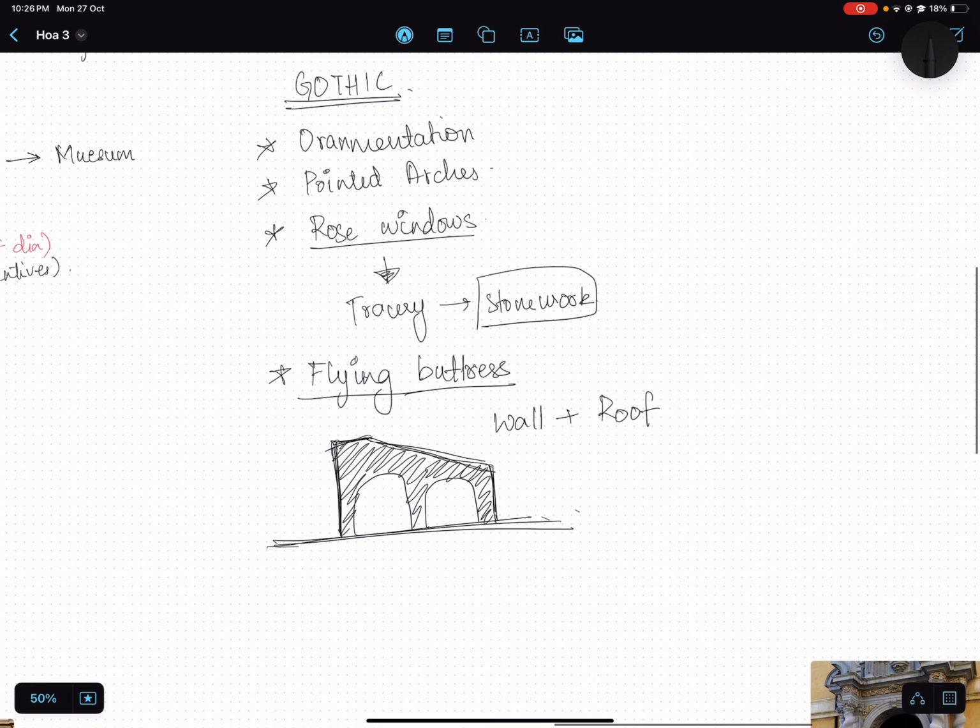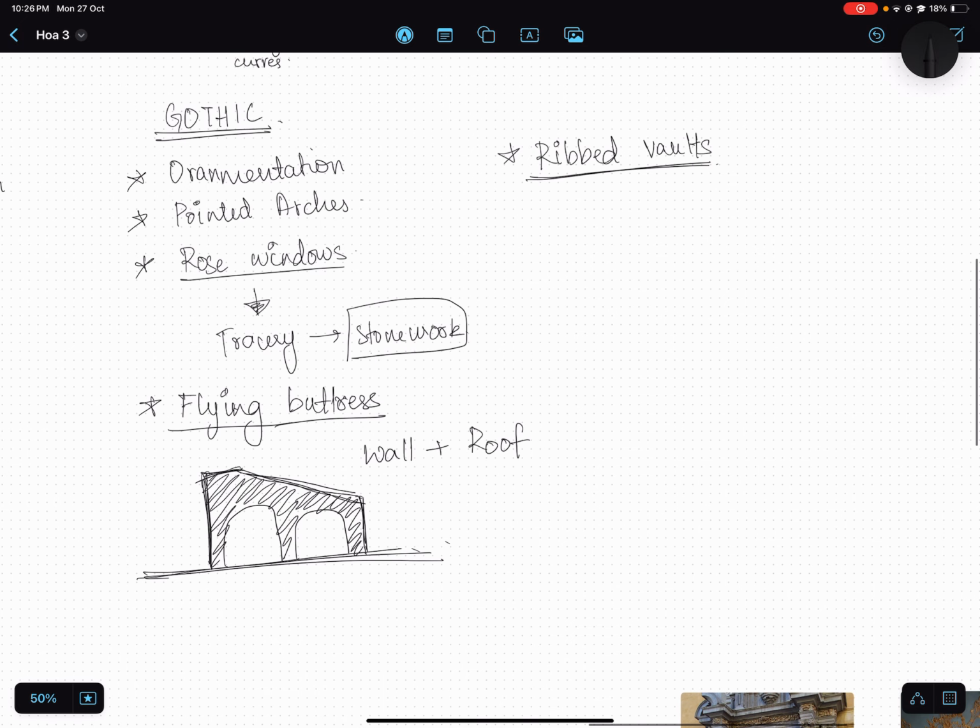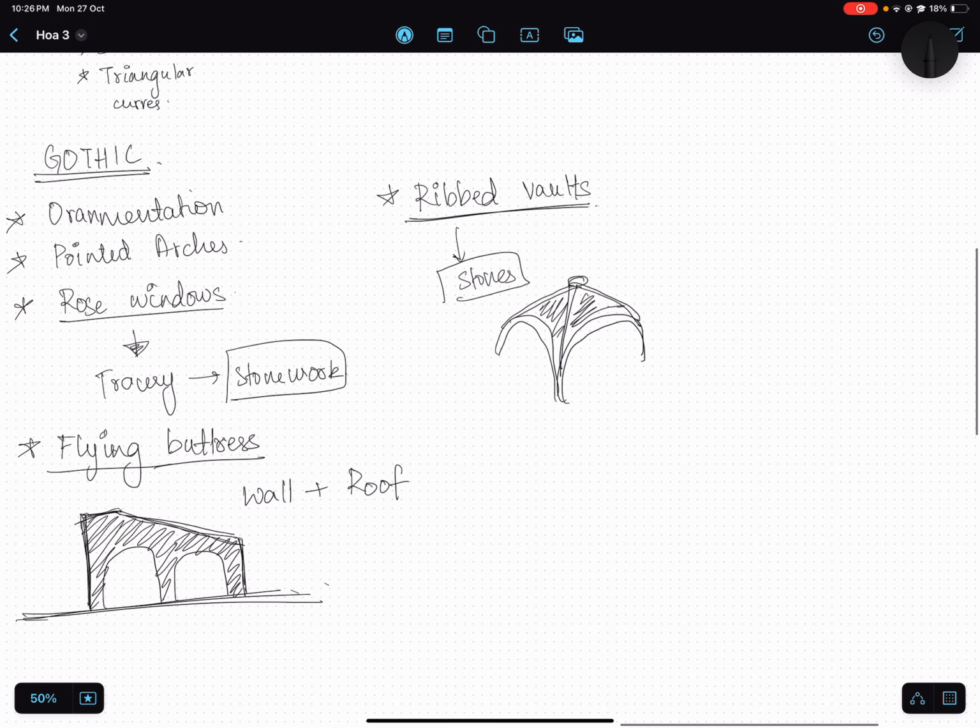So they had flying buttresses, and they used ribbed vaults. They formed ribs made of stones, and these were so strong that light materials can be used in the space between them. So for example, if this is your rib, these places that need to be filled can be filled with lighter materials, so the weight of the walls is also reduced, and that meant they could explore a lot with vaults.